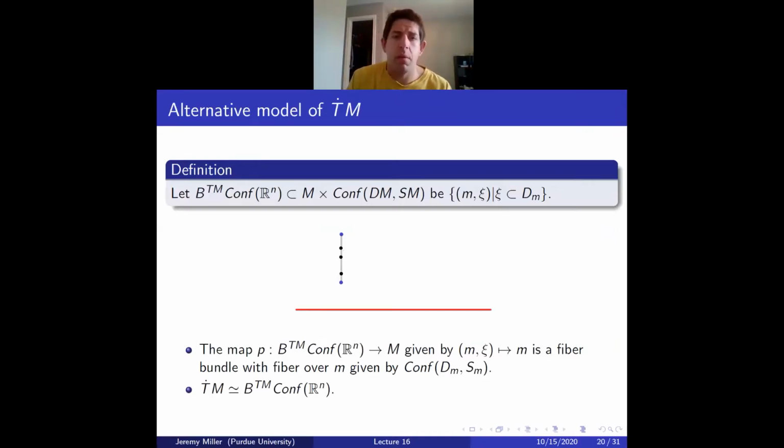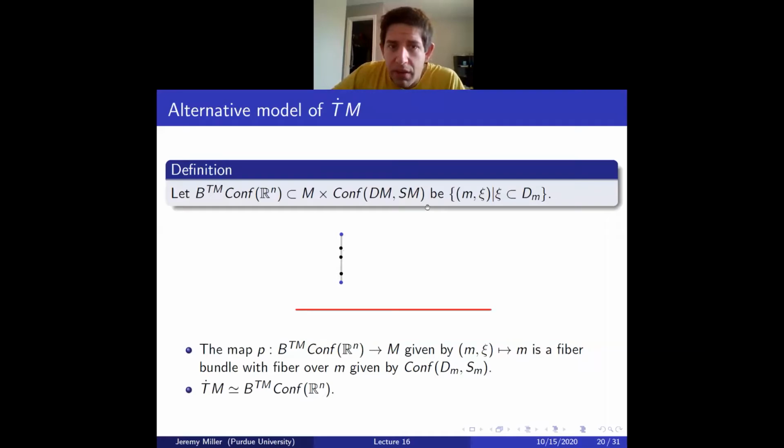So now I'm going to define a new bundle. It has some fancy name, which maybe we'll justify. I'm going to call it classifying space to the power tangent bundle of configuration space, whatever that means.